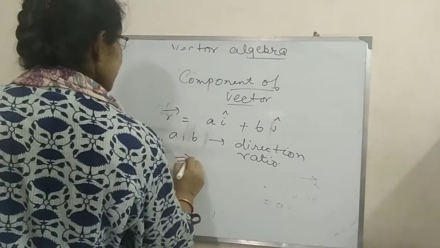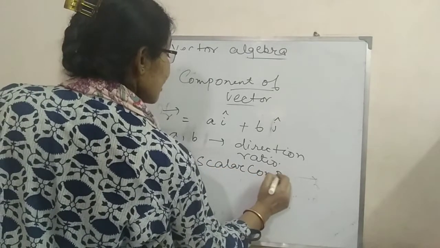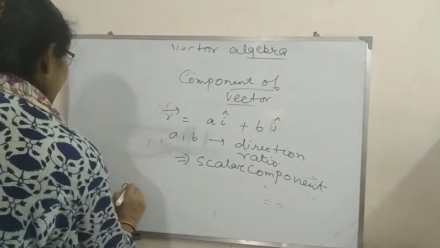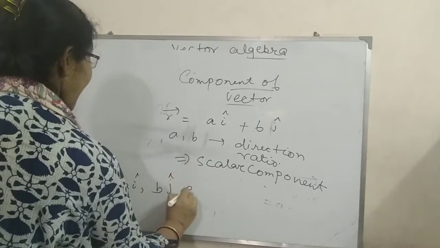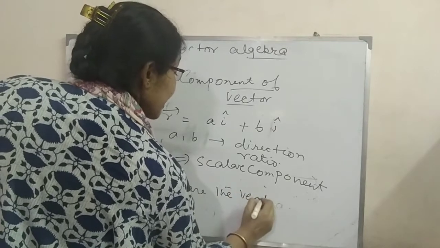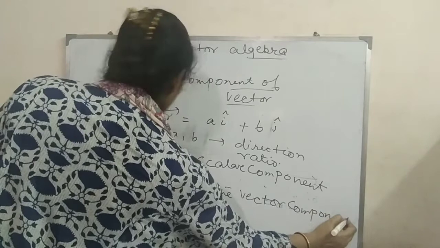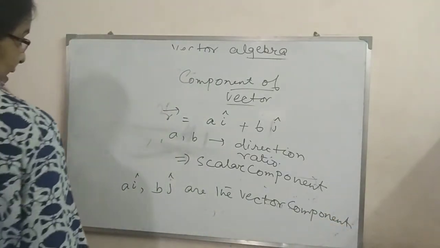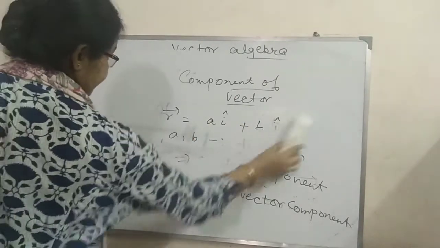This is the scalar component, and AI and BJ are the vector component. Okay. Component of vector, scalar component, vector component.